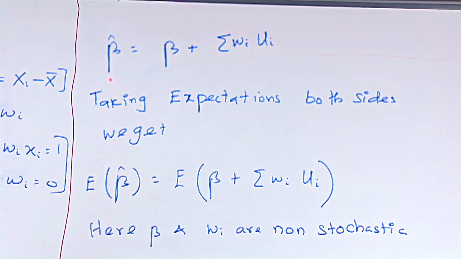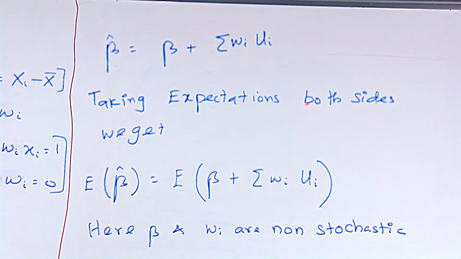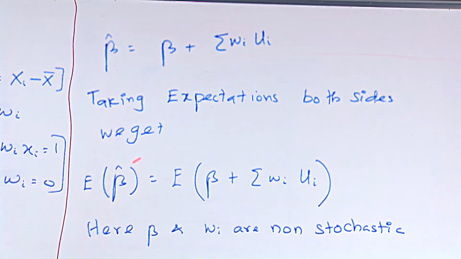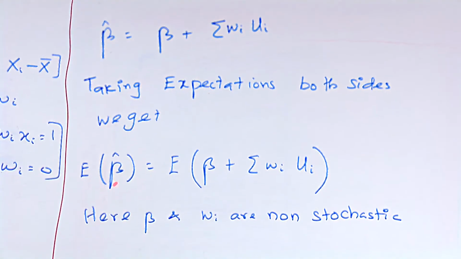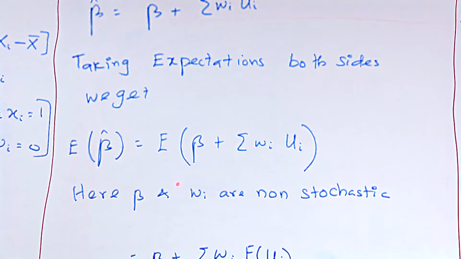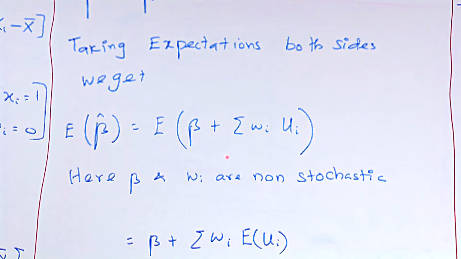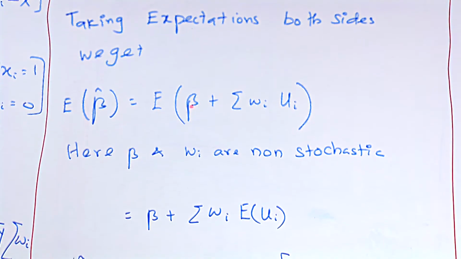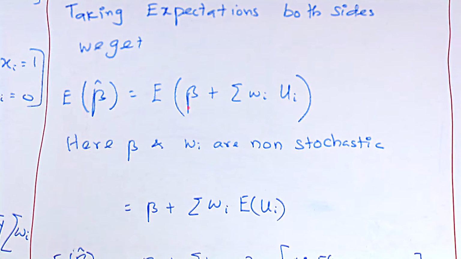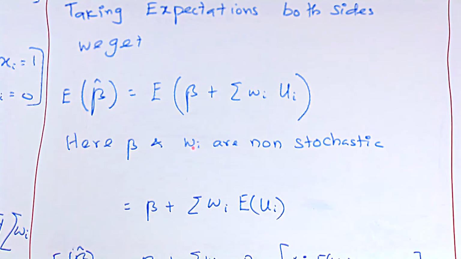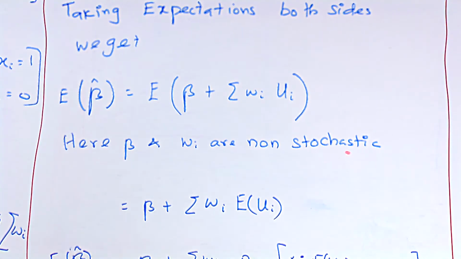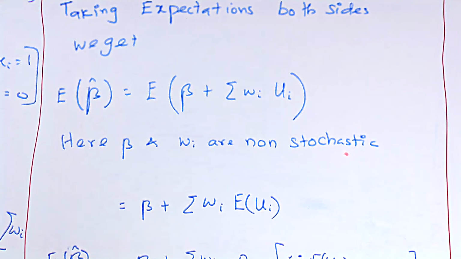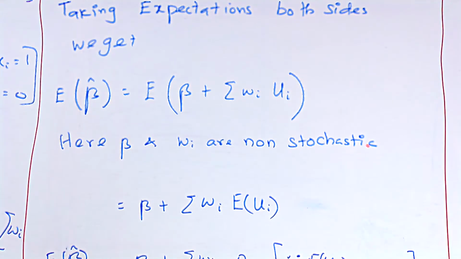Let us take expectations on both sides. We get expectation of beta hat is equal to expectation of beta plus sigma wi ui. Here we already know beta and wi are non-stochastic. So the expectation is applicable only to the stochastic term ui.